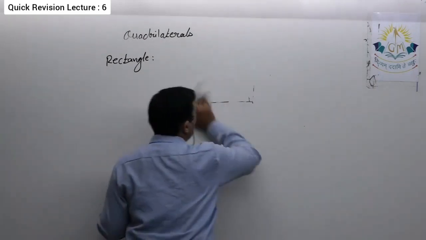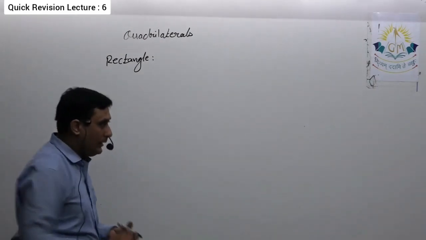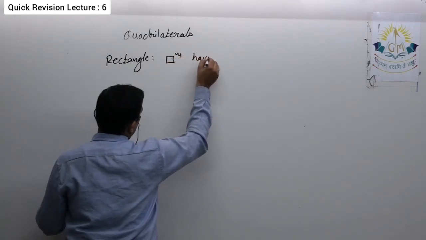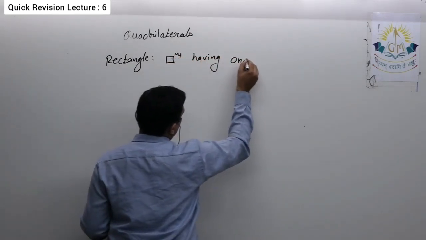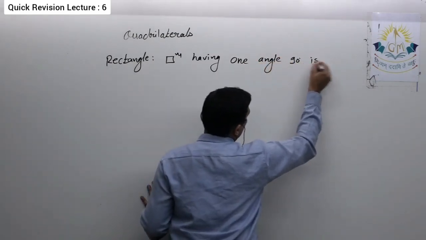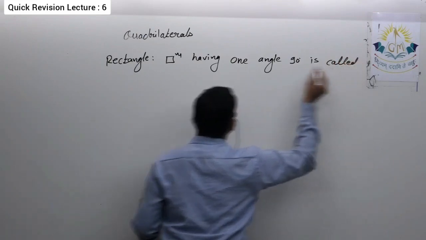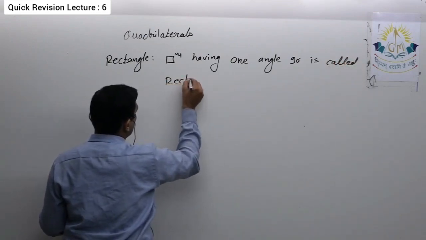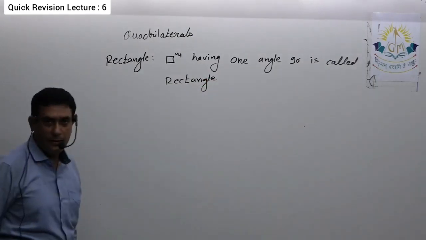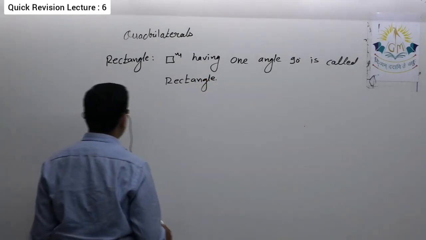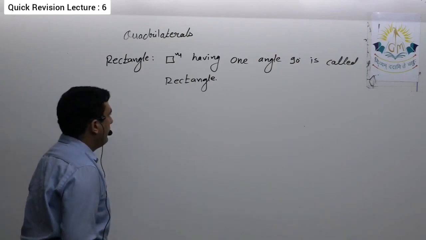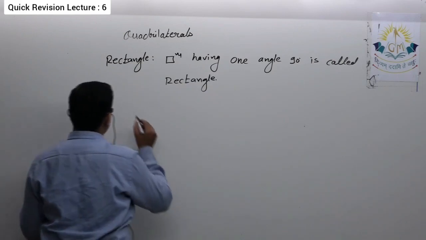So what we'll write: a parallelogram having one angle 90 degrees is called a rectangle.